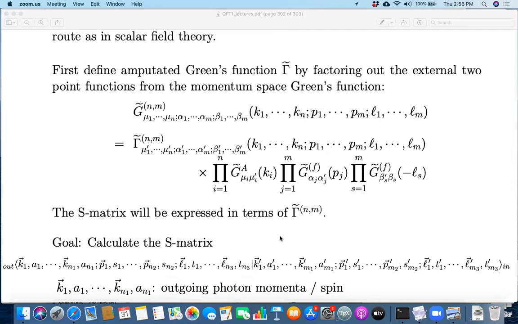So when we feed that into the amputated Green's function, the fermionic propagators are 1 over P slash minus M. There we feed in M F, because amputated means you are amputating the full external 2-point function, not just a single propagator. So in all the amputated diagrams, we should write 1 over P slash minus M F.